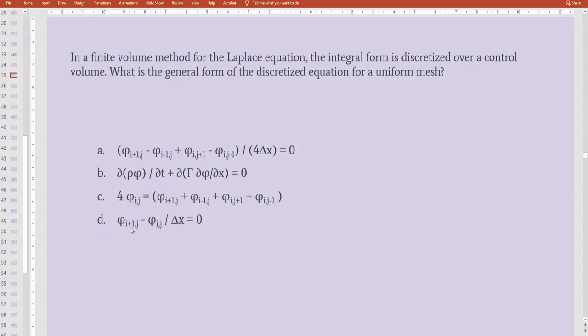Option D: phi of i plus 1 comma j minus phi of i minus 1 comma j divided by delta x is equal to 0. Which among the following is the general form of the discretized equation for a uniform mesh for our Laplace equation? Try to answer the question.